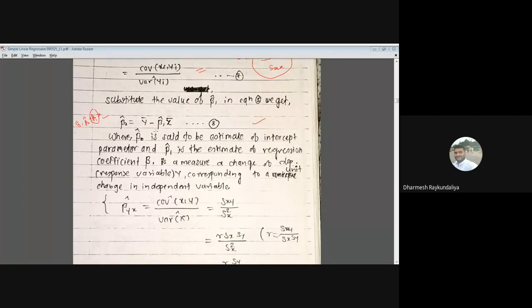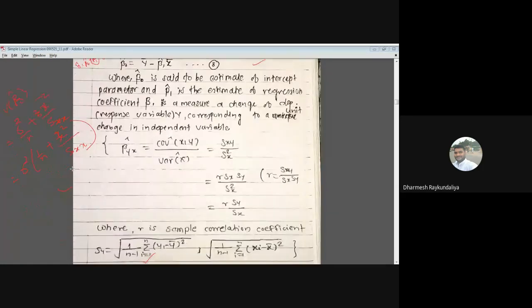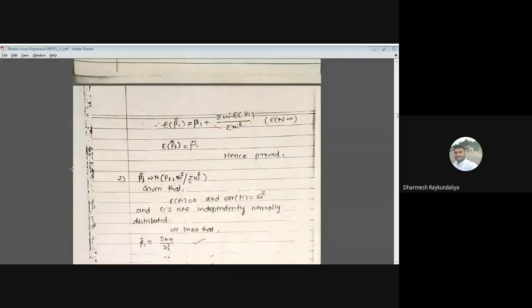So the variance of beta 0 cap is nothing but sigma square upon n plus x bar square sigma square upon Sxx. So you can say that it is sigma square outside, 1 upon n plus x bar square upon Sxx. So you have to find out this variance of beta 0 cap and variance of beta 1 cap.